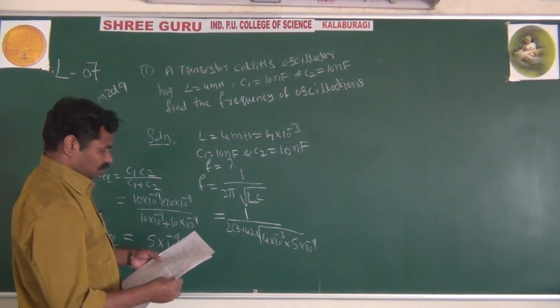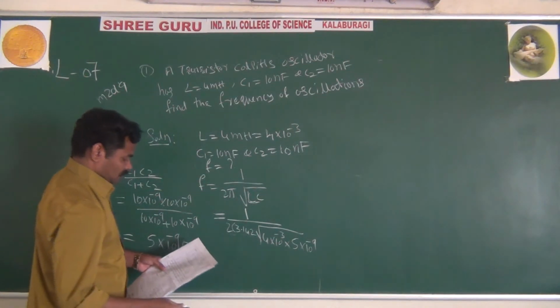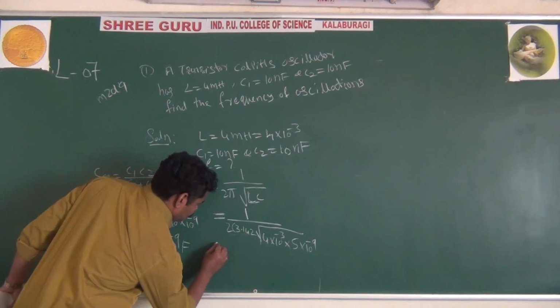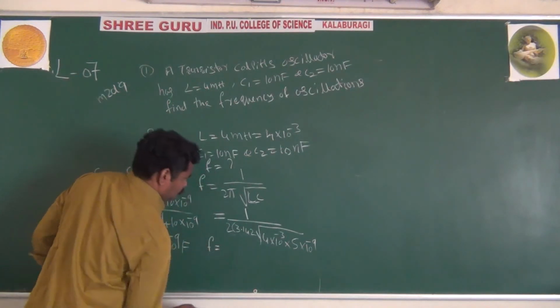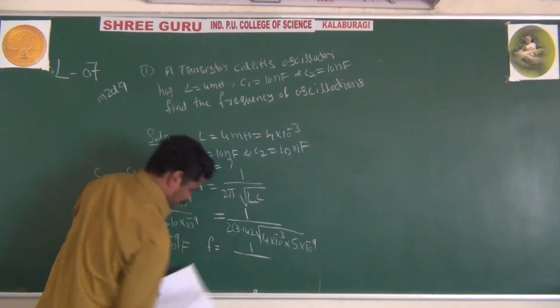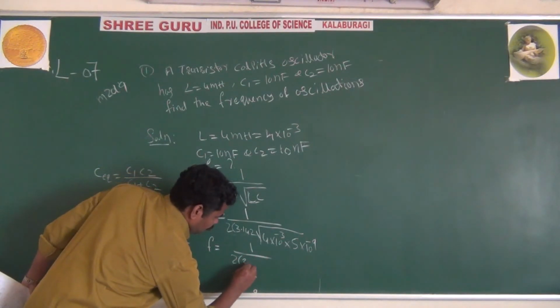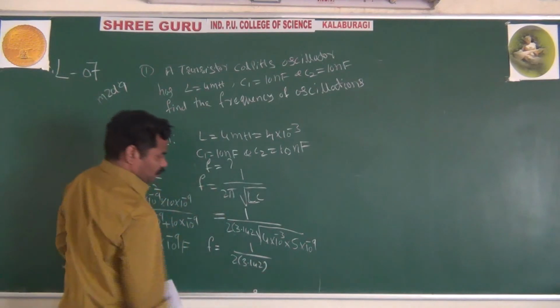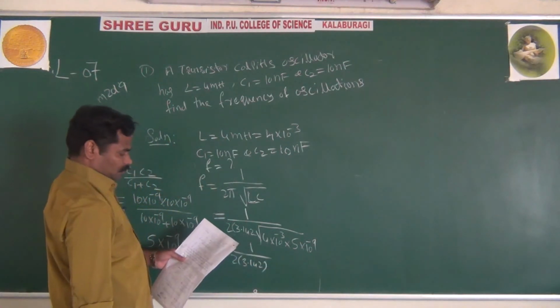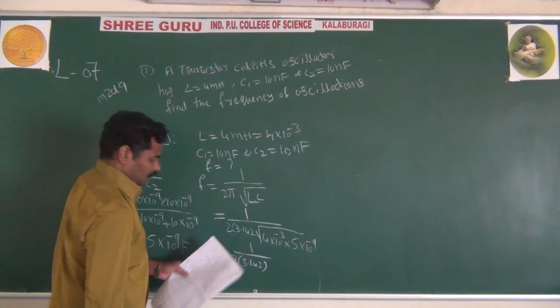You may get F is equal to 1 divided by 2 into 3.142, and if you simplify it, you may get 2 into 10 raised to minus 6.